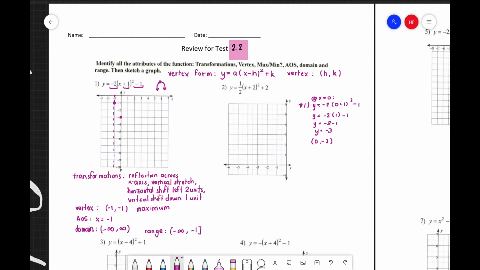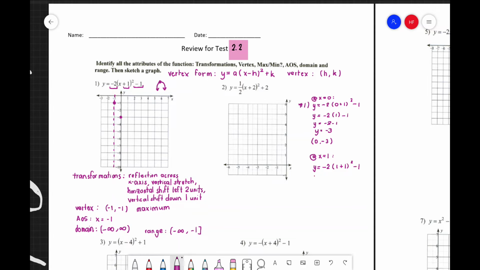And then let's find another point. Let's plug in a 1. So let's say if x is 1, let's find what our y value would be. So we have -2 times (1 plus 1) squared minus 1.